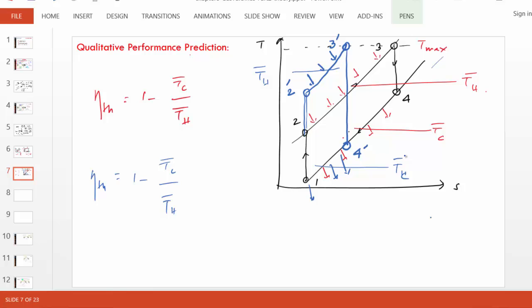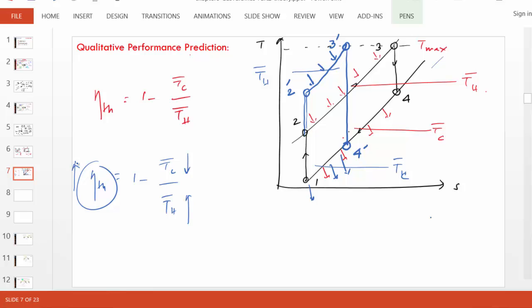As you can see, Th bar has gone up and Tc bar has gone down, both of which tend to increase efficiency. So what conclusion do we draw? That if you raise the compression ratio, the efficiency is going to increase, and that's without solving the problem by hand.